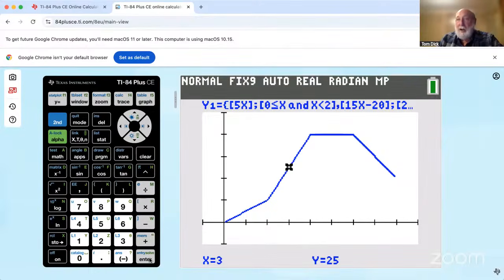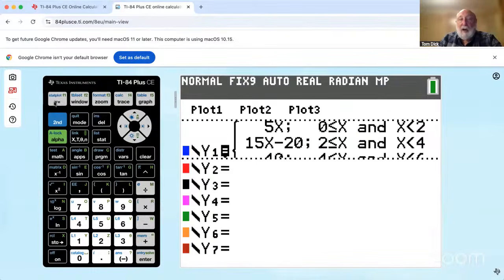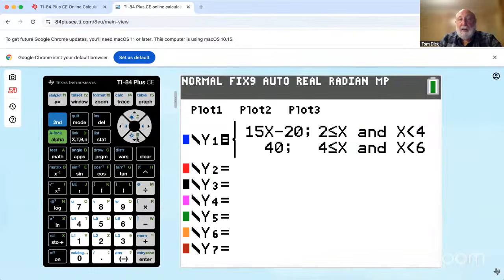Looks great. Okay. One other thing I was going to show is Steve had a graph where he was looking at the velocity of both functions. We've got the velocity of car A here now. We can analytically go back to y equals and put in the velocity of car B. Now this one we need to calculate.